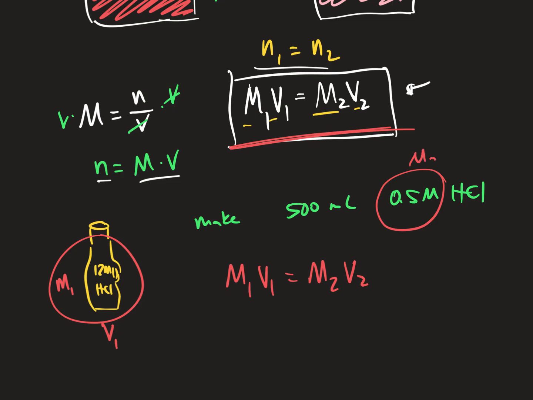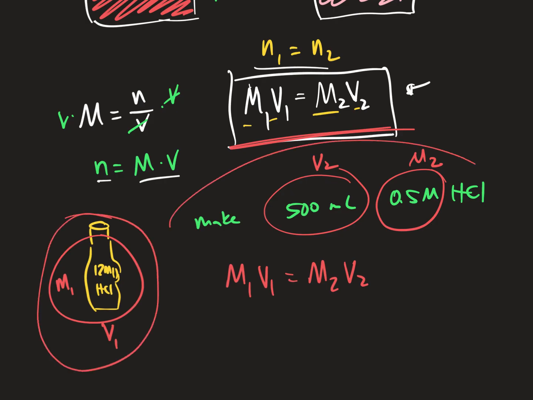Yeah, here's our M2. What does that make this? Our V2, right? Now, can I flip-flop those and say this is my second solution and this is my first solution? Does it matter? It doesn't matter, because we can just flip those around and it's the same, right? So I like to start with whatever I start with is my first, and whatever I end with is my second. Makes sense in my mind. Are we good with that? Okay.